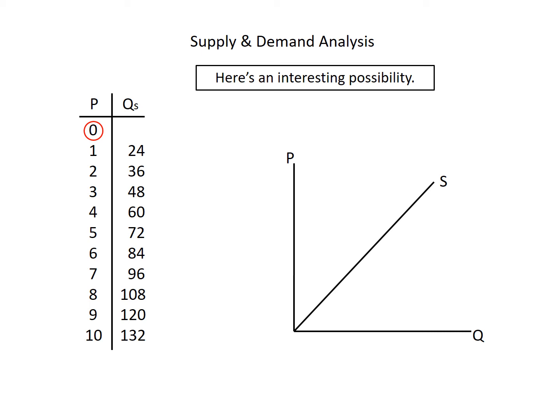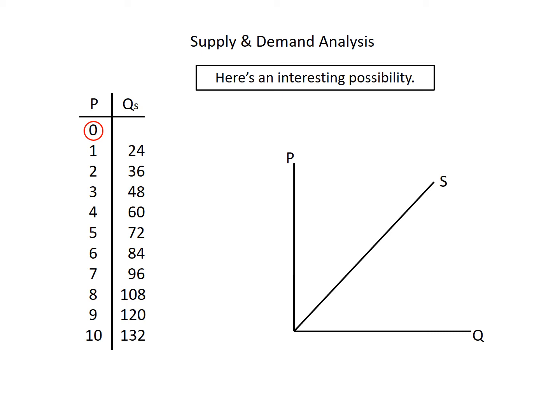Beta tells us what the dependent variable will do when the independent variable goes up by 1. And in this case, every time price goes up by 1, quantity supplied goes up by 12. And this remains constant throughout the entire relationship. It's this constant beta coefficient that makes the function linear.